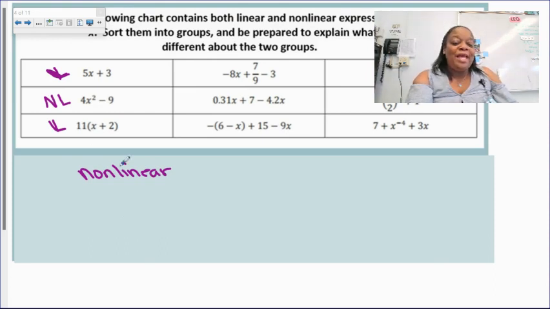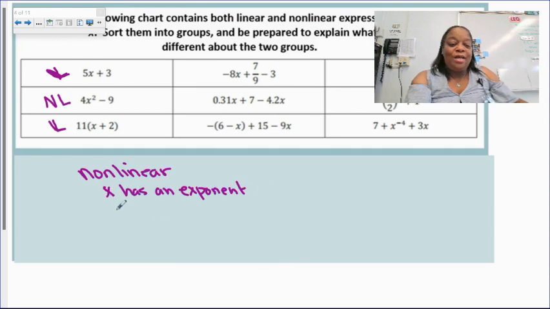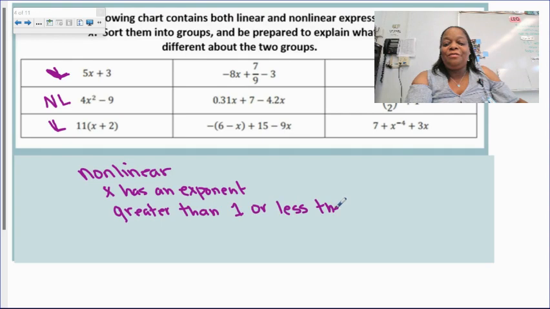Those are the two things. So let me put it down here. For nonlinear, x has an exponent greater than 1, or it could be less than 0.